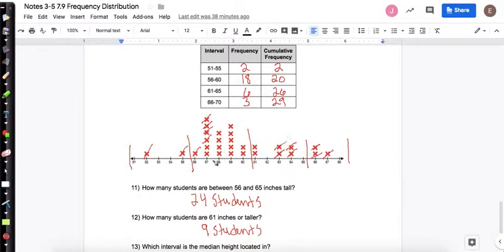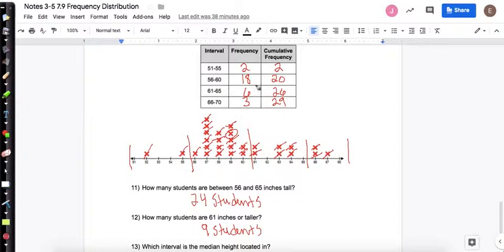So cross out 1 x from each end, and we're going through here, crossing out 1 from each end. And I see that 59 is in the middle, so the median is 59. So the interval that would contain the median would be 56 to 60.